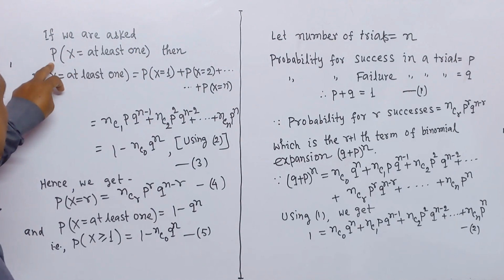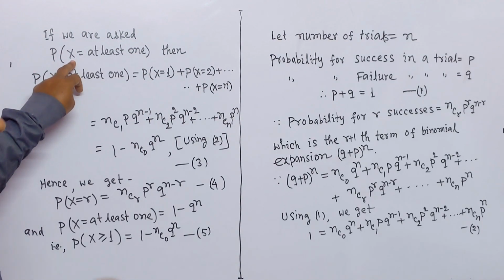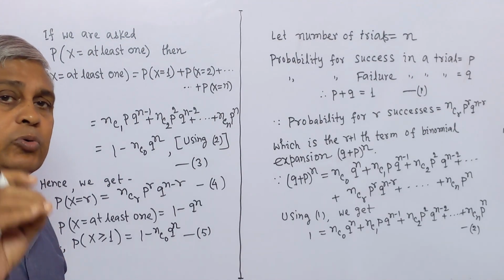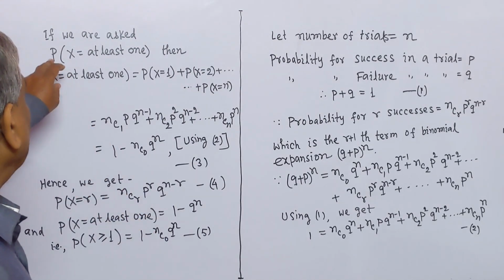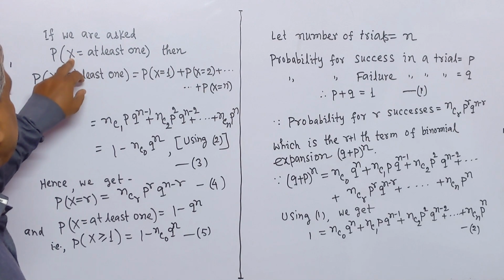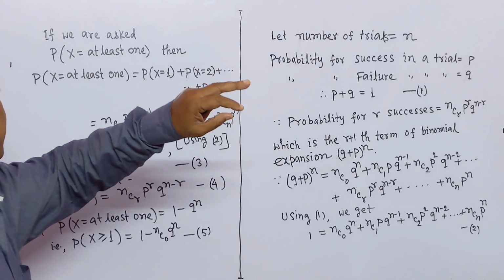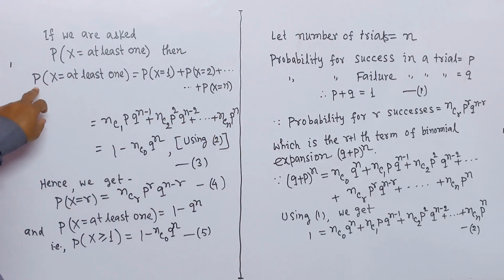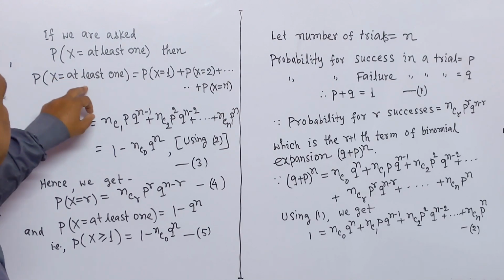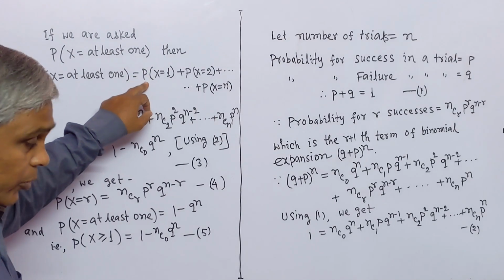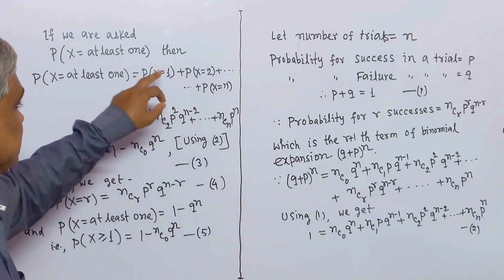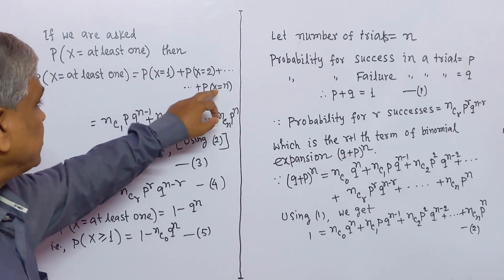If we are asked to find probability for random variable x equal to at least 1, then probability for random variable x equal to at least 1 equal to probability x equal to 1 plus probability x equal to 2 plus ... plus probability x equal to n.